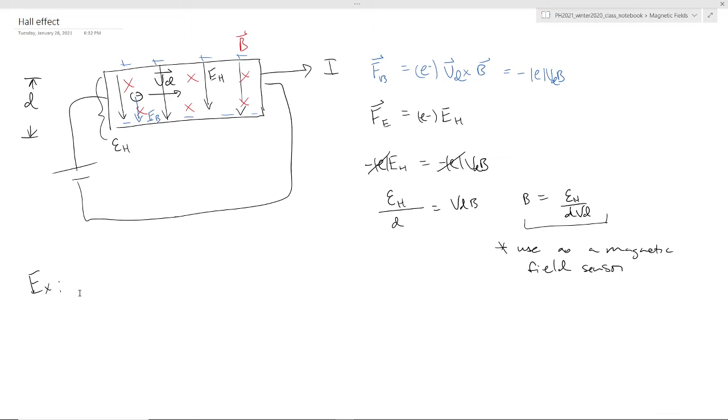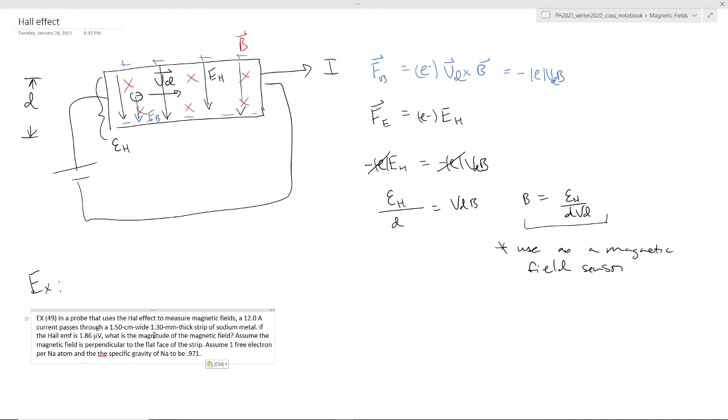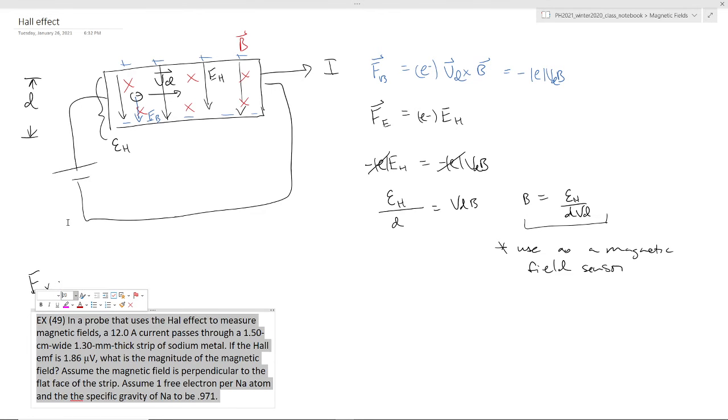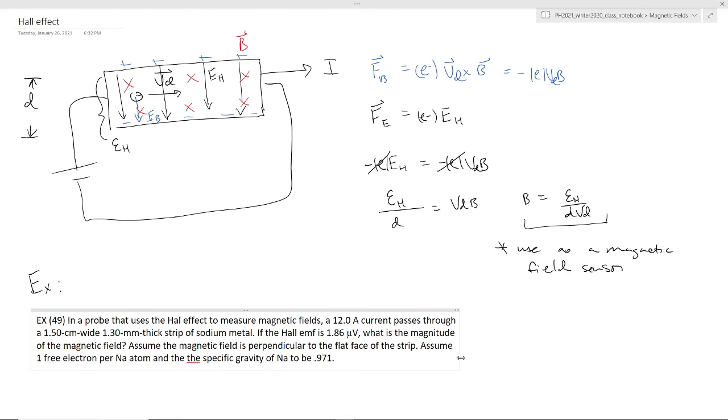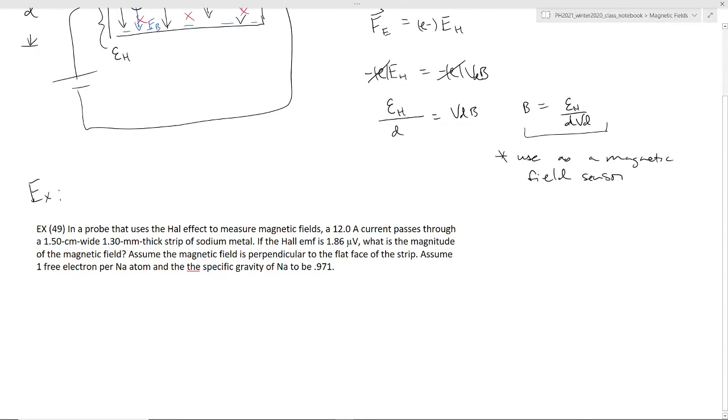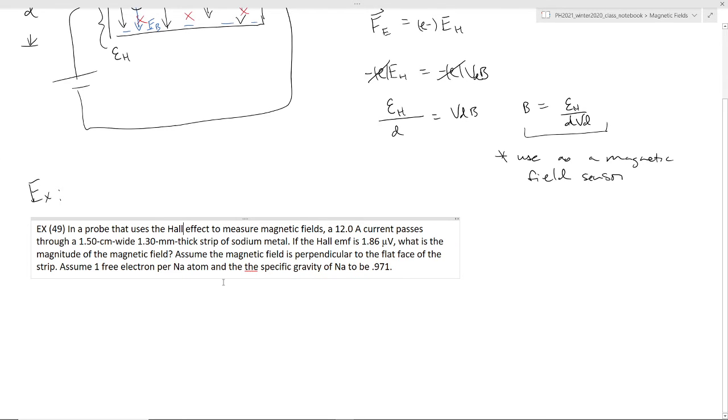So let's look at one example. This will give us a chance to connect back to drift velocity as well, which is a good exercise in dimensional analysis. So let me paste an example in here. Let me make this a little bigger. We use a probe that uses the Hall effect to measure magnetic fields.